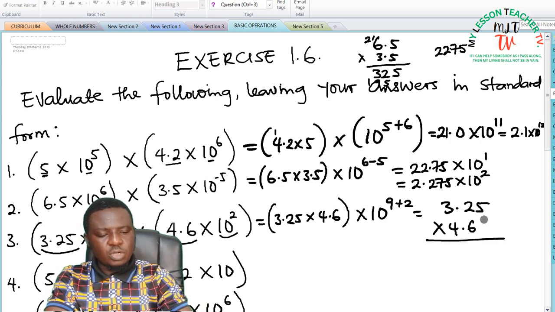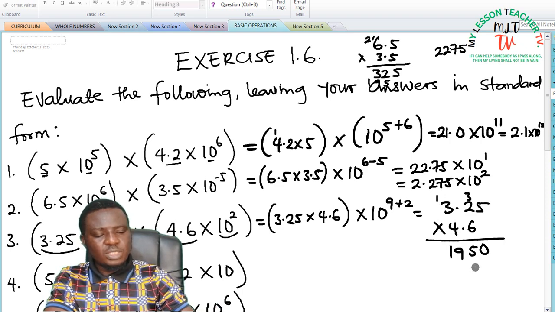4.6, this is going to be 6 times 5 is 30, 0 carry 3. 6 times 2 is 12, plus 3 is 15, carry 1. 6 times 3 is 18, plus 1, 19. 4 times 5 is 20, you write down 0 and carry 2. 4 times 2 is 8, plus 2 is 10, you write down 0 and carry 1. 4 times 3 is 12, plus 1 is 13.